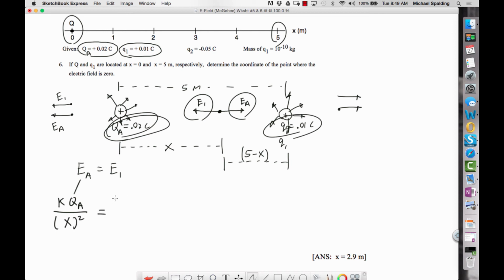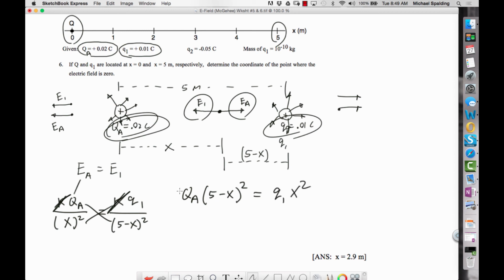Square it. This is going to equal k, Q1 over (5 minus x) squared. The k's cancel. Then you cross multiply, which turns into some algebra: Q_A (5 minus x) squared equals Q1 x squared.